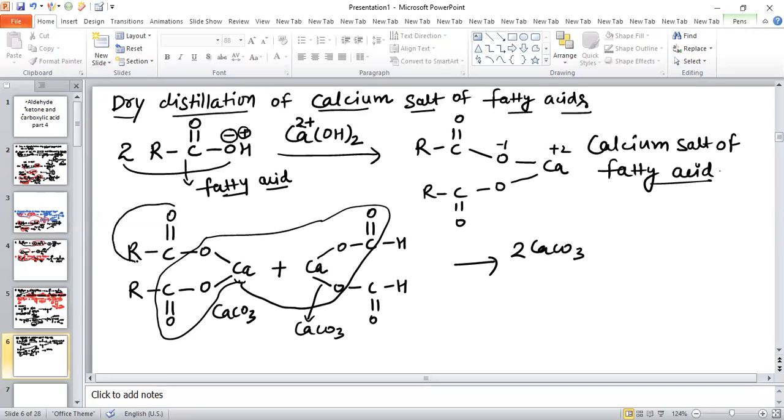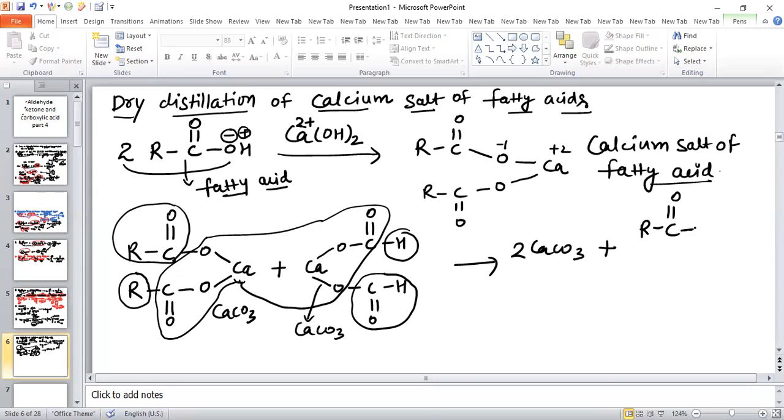And this RC double bond O will attach with hydrogen, and also this R will attach with RCHO. So 2 moles of the same product are obtained: one is RCHO, and another is RCHO.